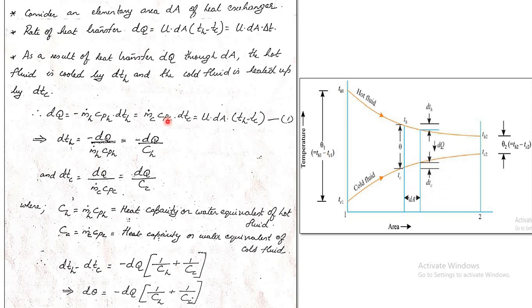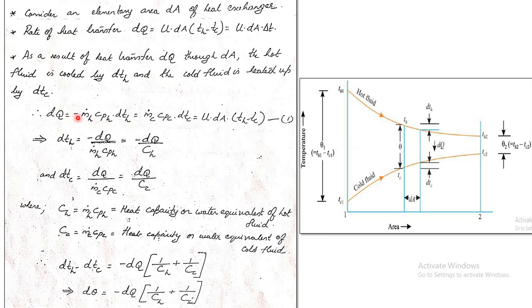So we can write the equations. We apply the energy balance here, or the first law of thermodynamics. We can write dQ is equal to minus mH CpH dTh, where dTh is the temperature change over this area, in case of the hot fluid.